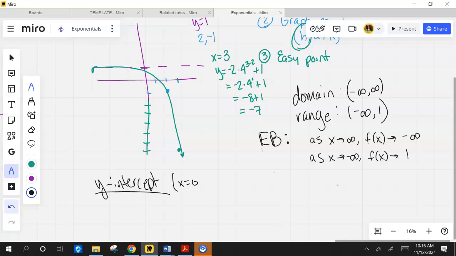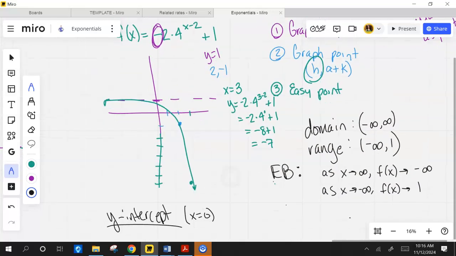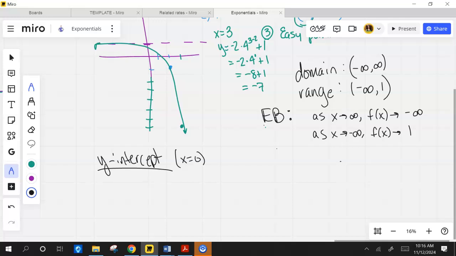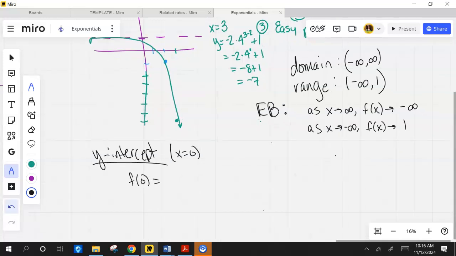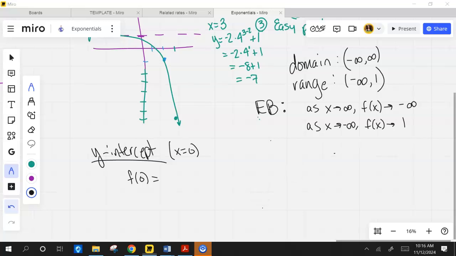Y-intercept is always where x equals 0, so take your equation and plug in a 0 for x. This is what you're going to have to do for your homework, so make sure you are paying attention. F of 0 equals -2 times 4 to the 0 minus 2, plus 1. Remember, exponents come first, okay?